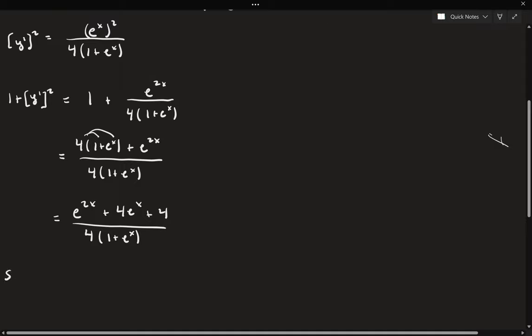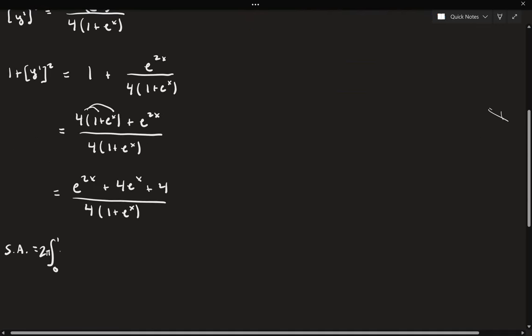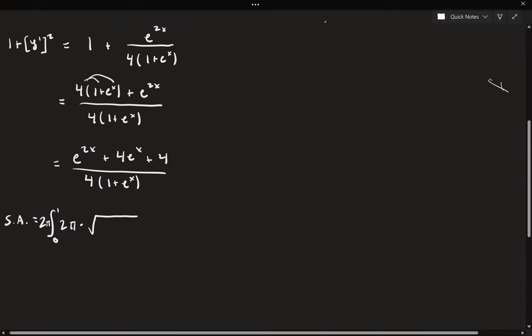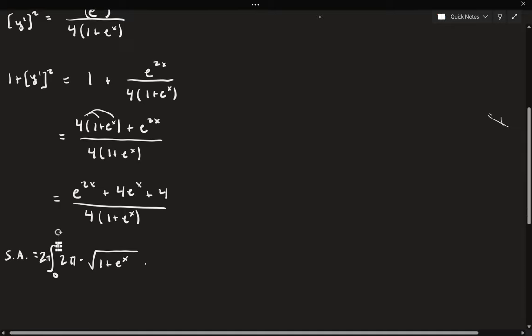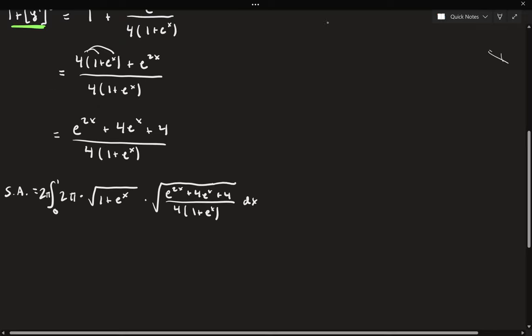So the surface area is 2 pi integral 0 to 1, because that's my interval, 2 pi f of x, that's the square root of 1 plus e to the x, times the square root of this: square root of e to the 2x plus 4e to the x plus 4 over 4 times 1 plus e to the x. And this looks really gross right now, but there's actually a lot of simplification that happens.